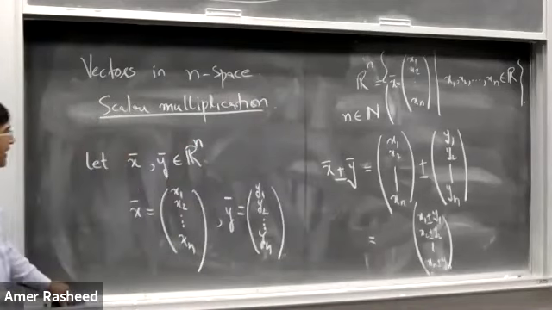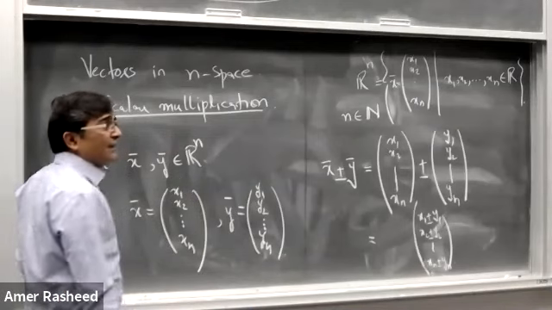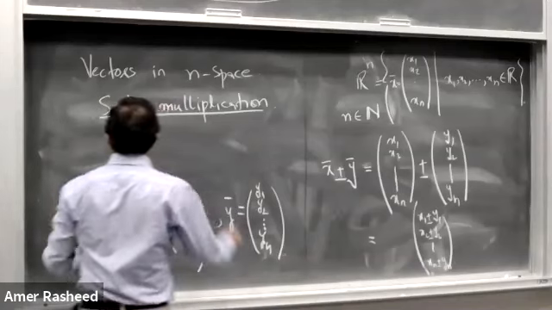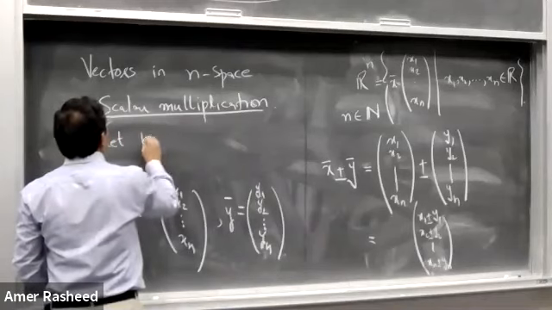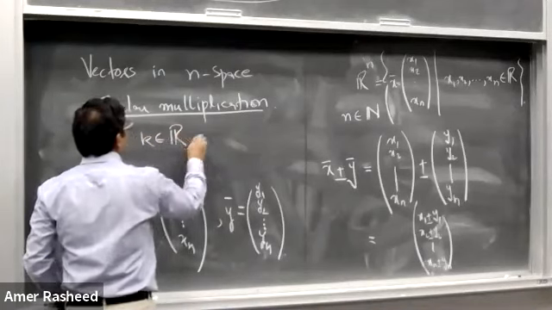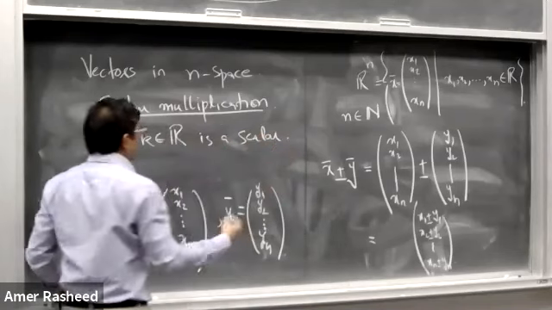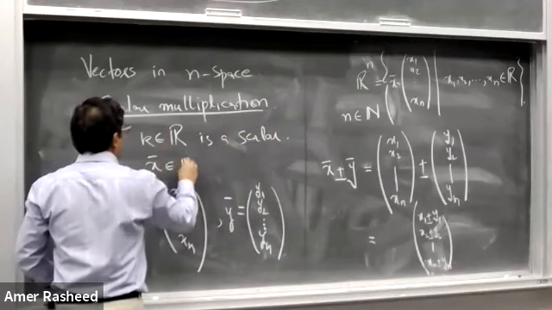In order to define scalar multiplication of the elements of this space, we need a scalar. For that, I say let some k belong to R be a scalar. A scalar is a simple constant. And I say that x belongs to Rn.